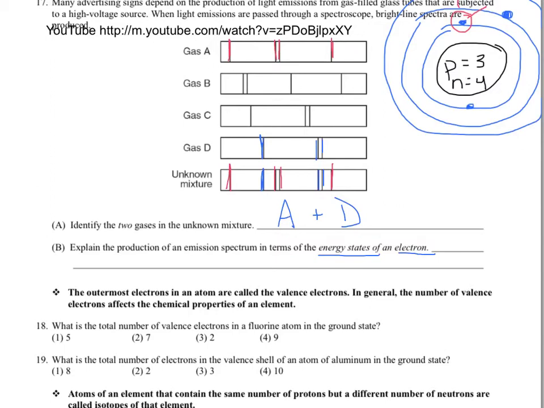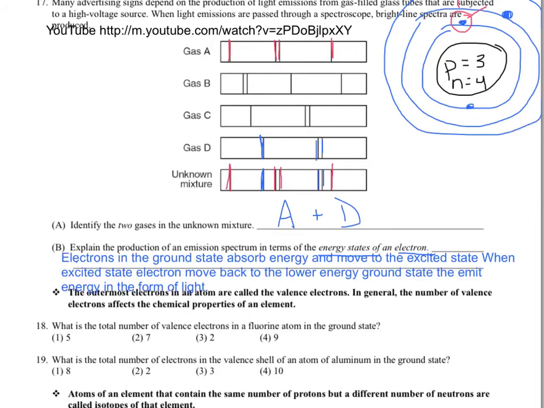So here we know that electrons in the ground state absorb energy and move to a higher energy excited state. Unstable excited state electrons return to the ground state, releasing energy in the form of light.